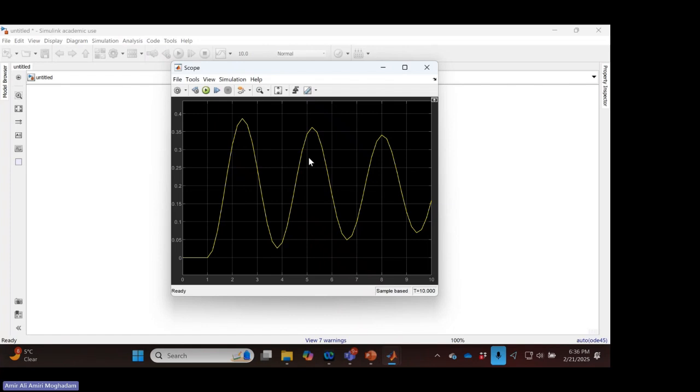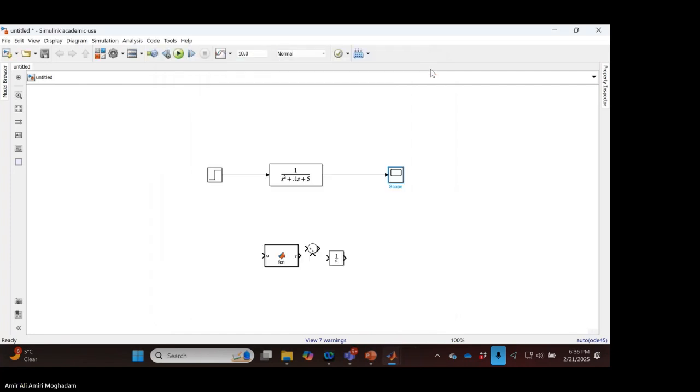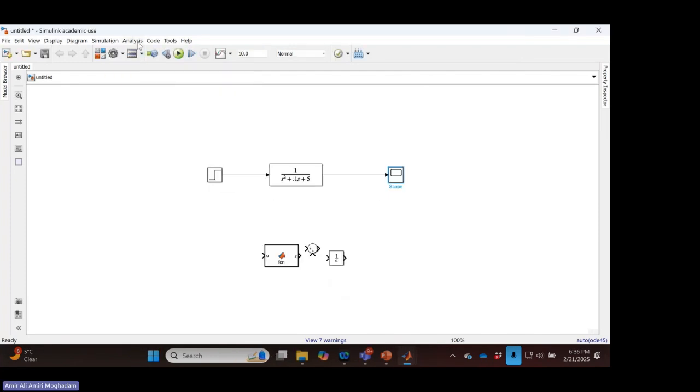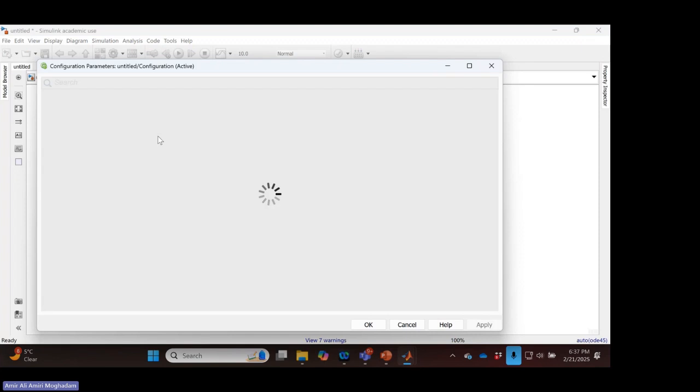Now I would like to just do a little bit of change here under the configuration parameters.